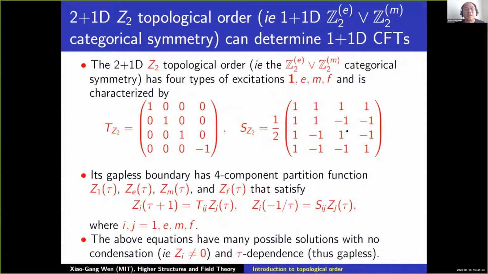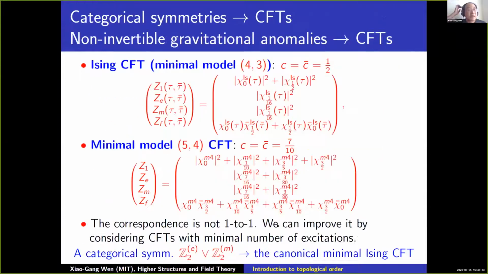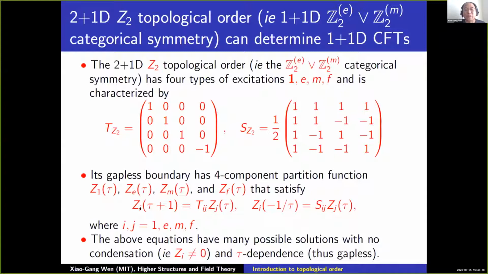The gapless boundary would have a 4-component partition function with tau dependence. Also, we're looking for the solution with no condensation, which means we're looking for a solution of this equation where every component is non-zero. So there's no condensation.